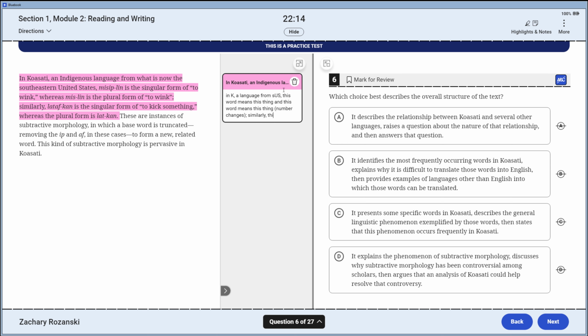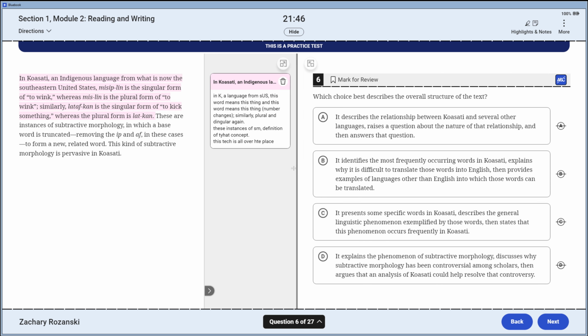Similarly, plural and singular again, and it seems to just be changing after ip is added on. These are instances of SM, subtractive morphology, the definition of that concept. This text is all over the place. Okay, I've got it. Let's go.